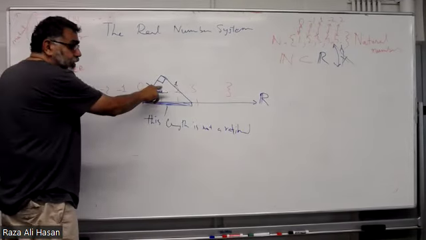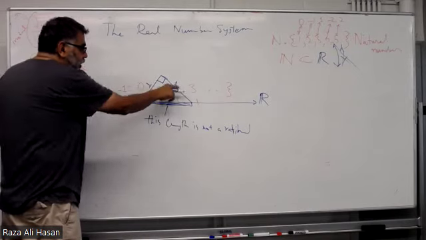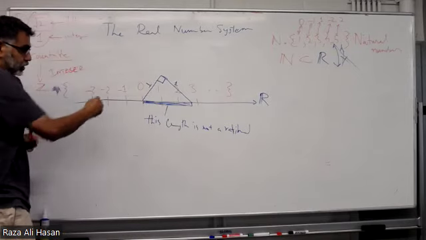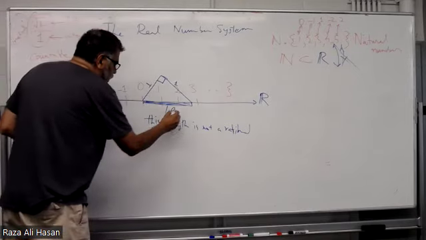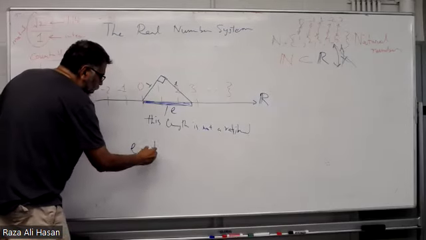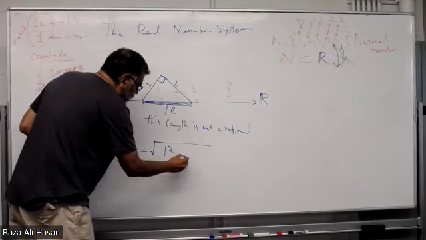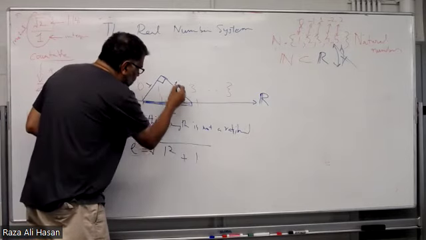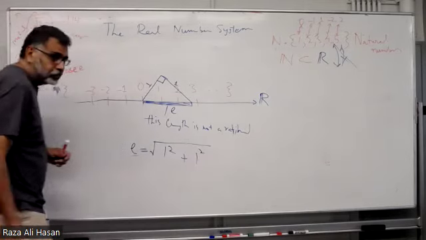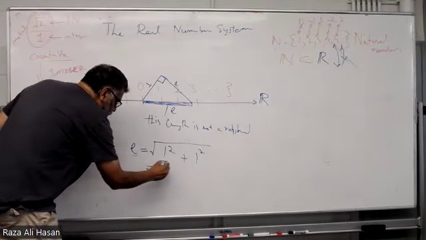If you have a 90-degree angle and you know the length of this and this side, let's call the hypotenuse L. L equals the square root of this side squared plus this side squared, which is the square root of 2.